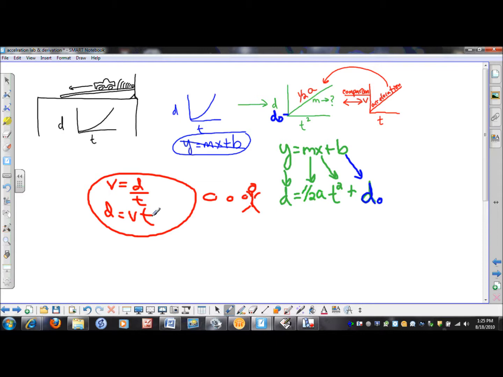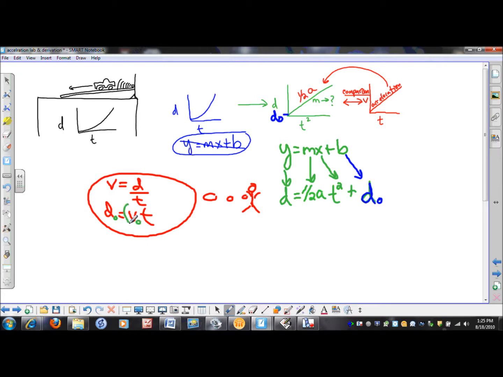Now, if d equals vt, then d naught must equal v naught t. In other words, the velocity at d naught should be v naught, initial velocity. At the beginning of the motion, in that position, should be the beginning of our velocity. Okay? At the final distance, which would be our total displacement, should be our final velocity. So if this is d naught, this is v naught.